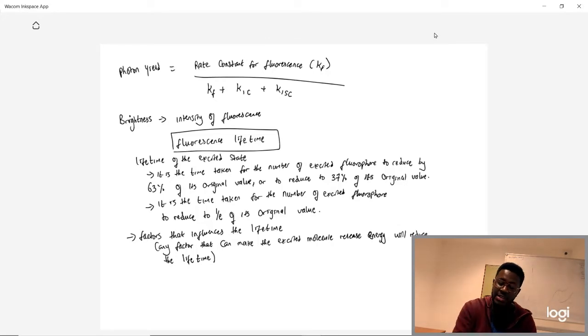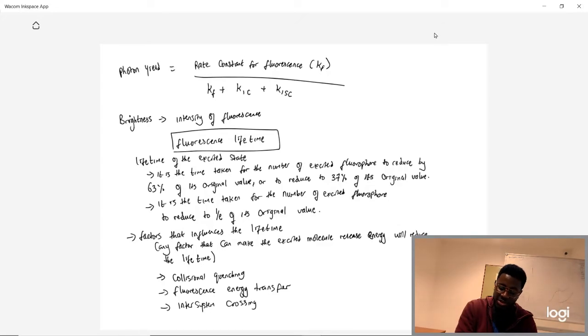The factors are collisional quenching, fluorescence energy transfer, which is my favorite, FRET, intersystem crossing, and rotational motion.